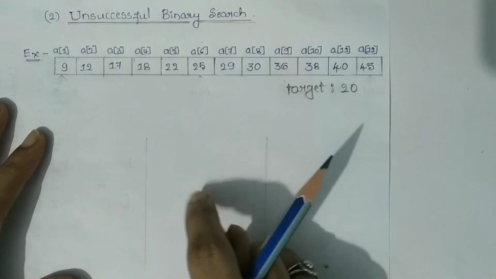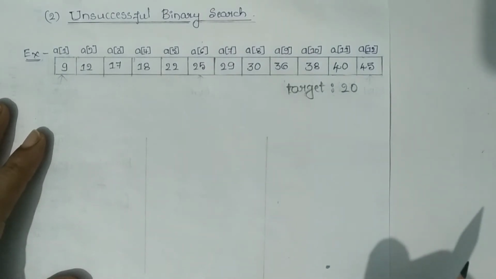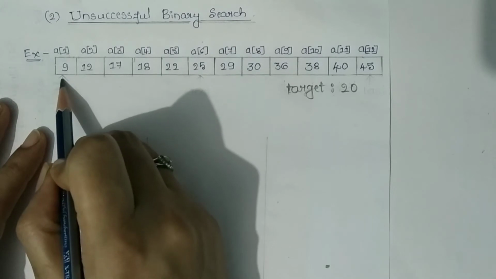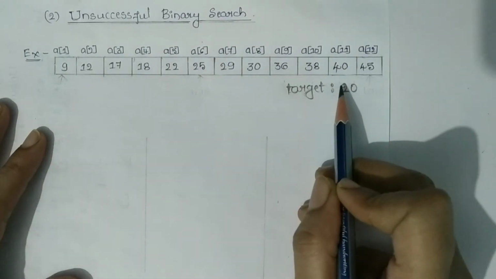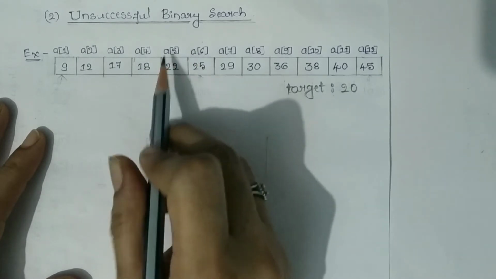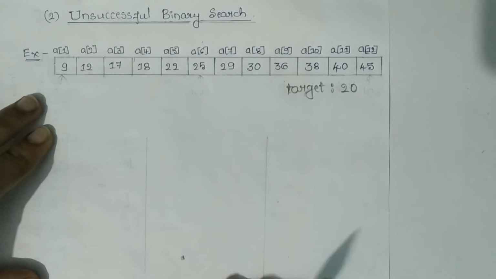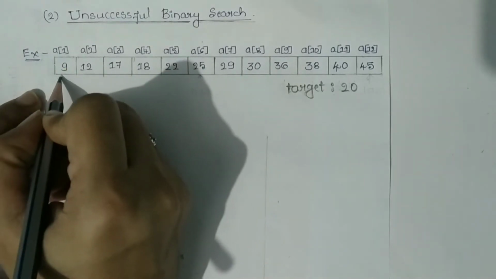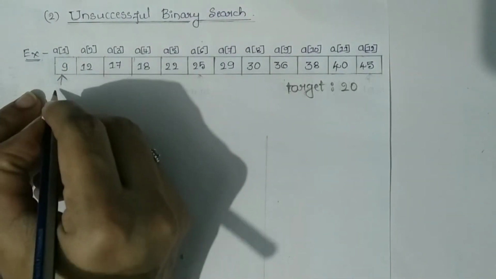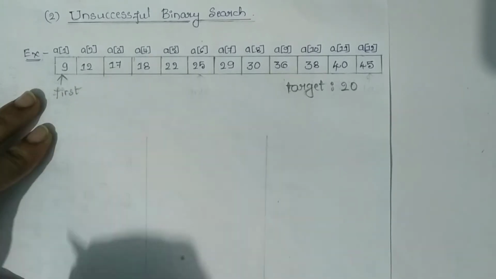To find the mid of the list, we need three variables. One is to identify the beginning of the list, one is to identify the end of the list, and one is to identify the mid of the list. To identify the beginning of the list, I will take the variable first.